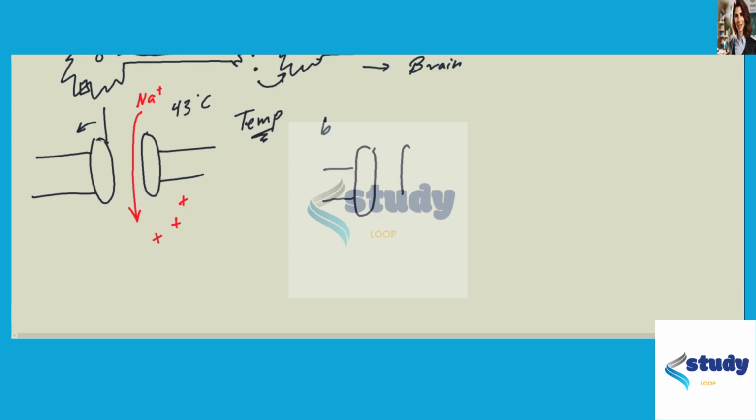So we have TRPV3 in the cell membrane. Again, it's blocked just like the first protein, but this time instead of temperature, you have, say, capsaicin, which is going to bind to that protein, cause the conformational change, and allow the ions to freely diffuse into the cell.